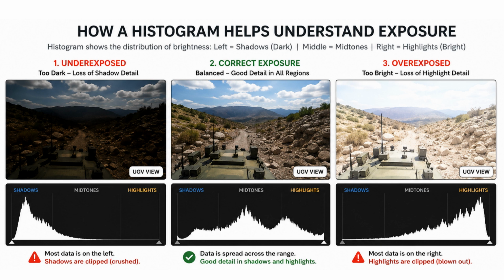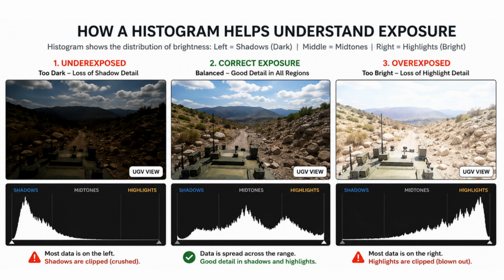A histogram is a graph that shows how an image's brightness is distributed from dark shadows to bright highlights. This image shows how a histogram helps us judge exposure in a camera view. On the left, the underexposed image is too dark. Most histogram data is pushed toward the shadows, causing important terrain details to disappear.